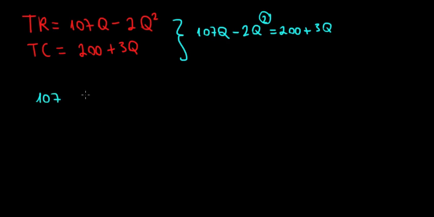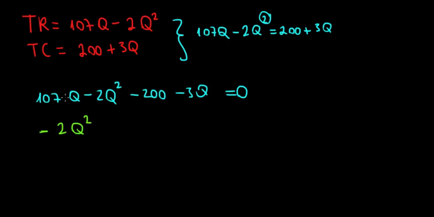So 107q minus 2q squared minus 200 minus 3q equals 0. Let's write the quadratic term first, because it looks better: minus 2q squared, and then 107q minus 3q, that's plus 104q, minus 200 equals 0.